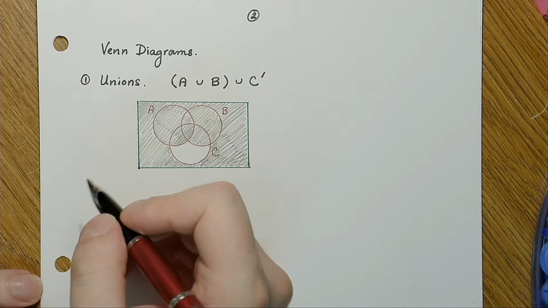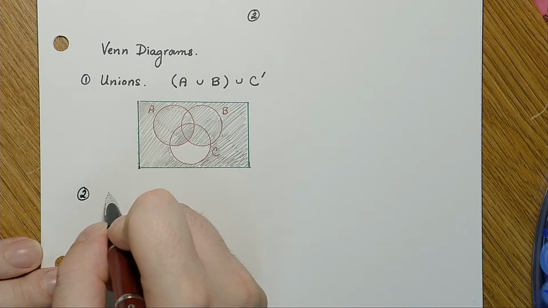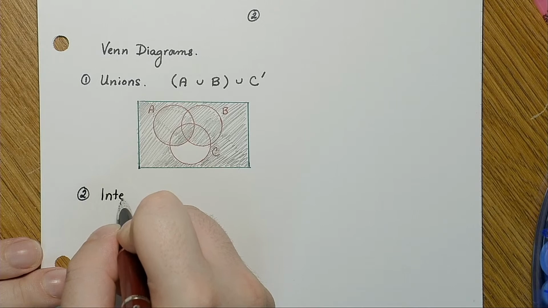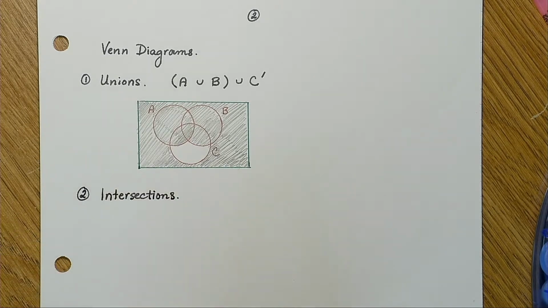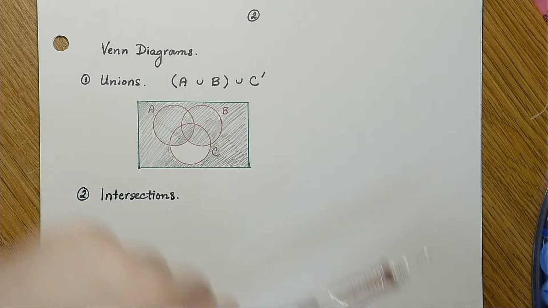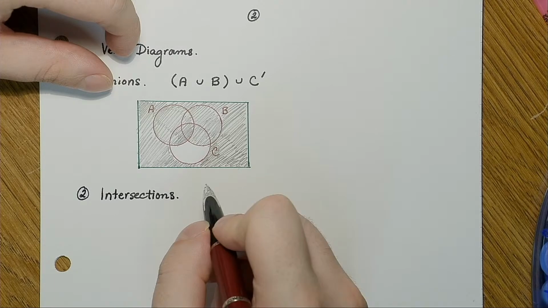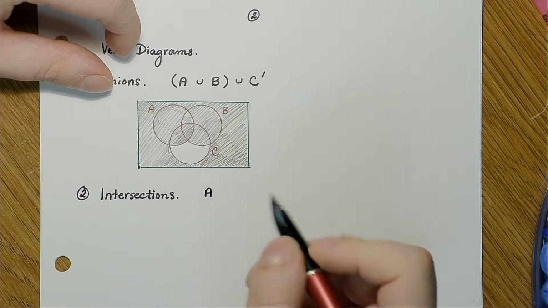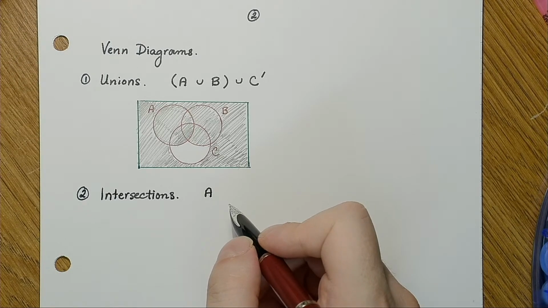Let's move on to the second example. We have something with intersections. What about the stuff that overlaps?